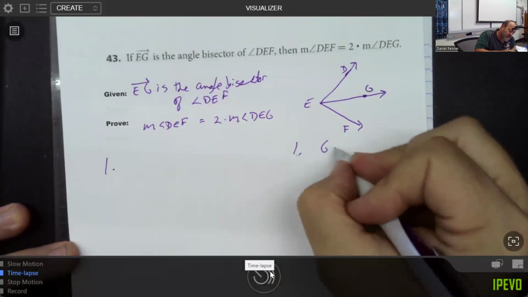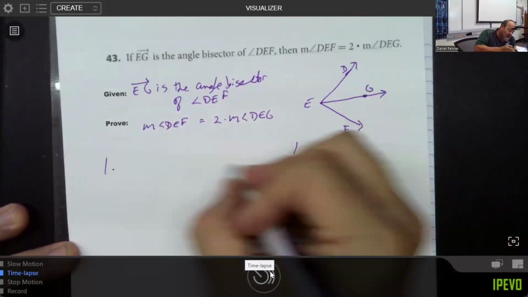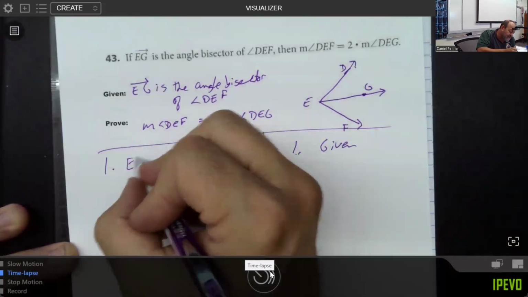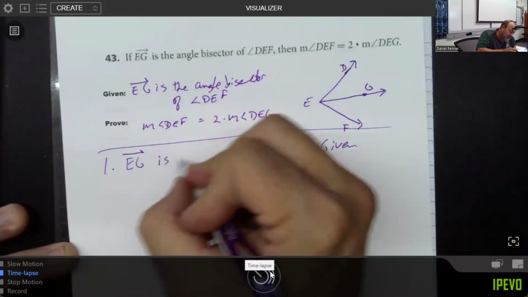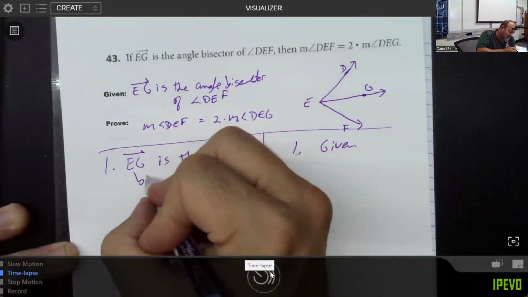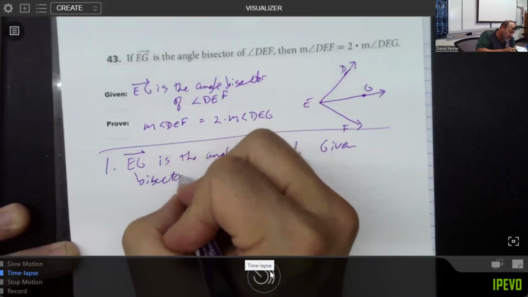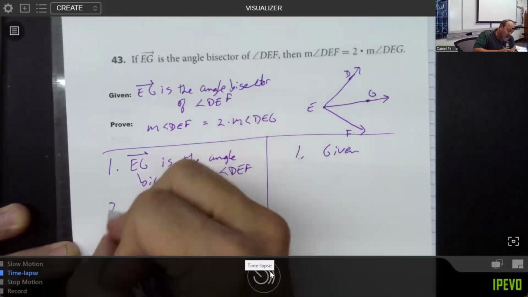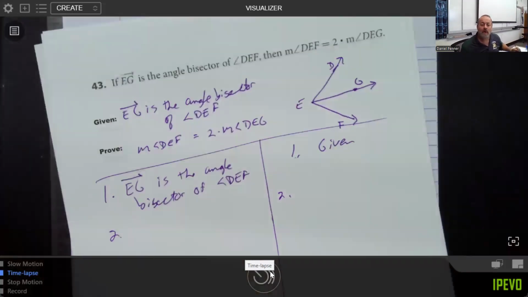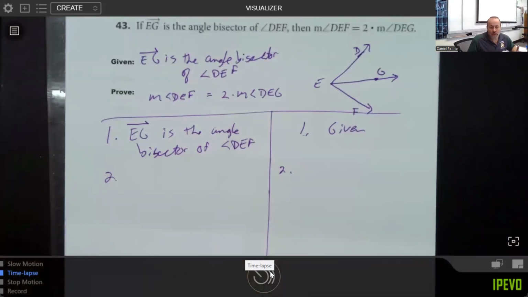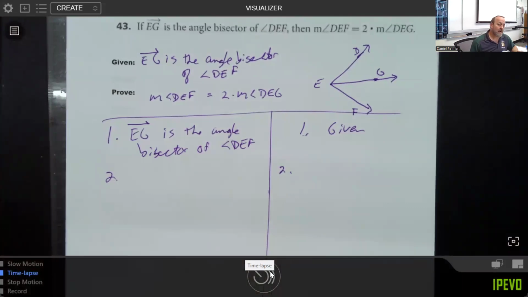Let's start off with our given information. And my given information is that EG is the angle bisector of angle DEF. Okay. Now, I'm actually going to rewind us back to our previous problem. And again, this isn't always the case, but it's a good way to go.